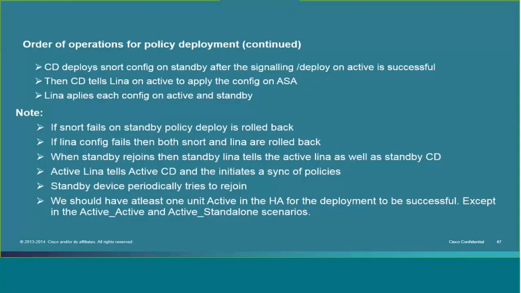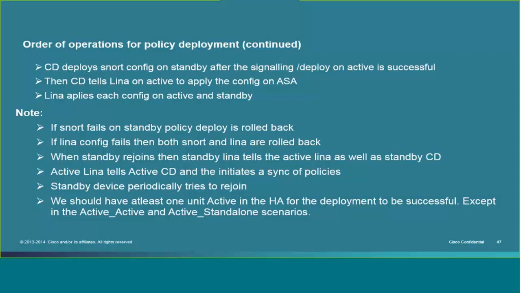So now an example wherein the standby policy, let's say the Snort on the standby is down. Before this, I've applied config on the active Snort, but then we'll have to roll back this config since the Snort on the standby is down. Also, if the Lina config is failing to apply, then also we have to roll back all the configuration.